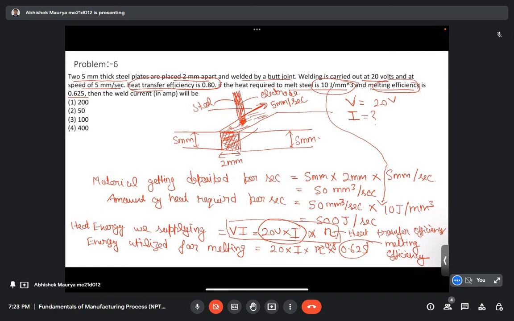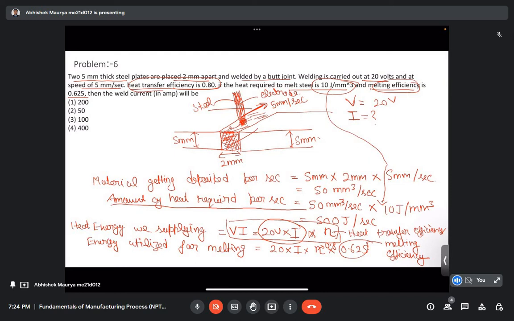So the total energy utilized for melting is 20 into I into 0.8 into 0.625. This energy should be equal to the amount of heat required to melt the material per second. Then only the required amount of material will get melted and deposited in between the two plates.